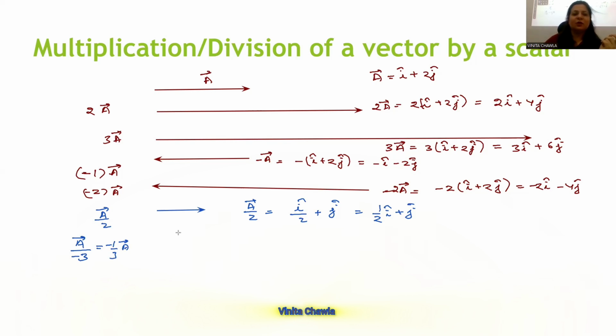Direction will change and the length will shorten to 1/3 of the length of the given vector. Yes. So now we can write minus 1 by 3 into i cap plus 2j cap, or minus 1 by 3 i cap minus 2 by 3 j cap.